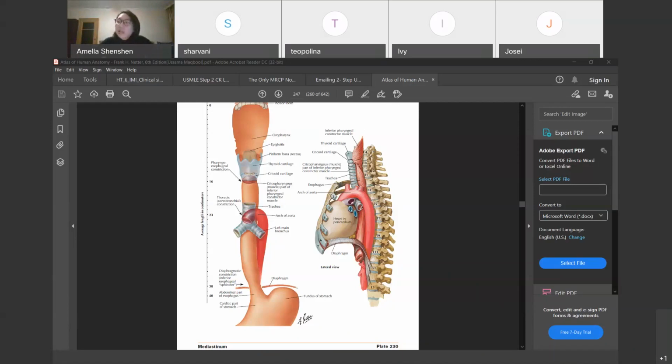Now, you might think that the sphincter of the esophagus is just like other sphincters, for example your anal sphincter, or your duodenal sphincter. But in reality, esophageal sphincters are not actual anatomical sphincters.